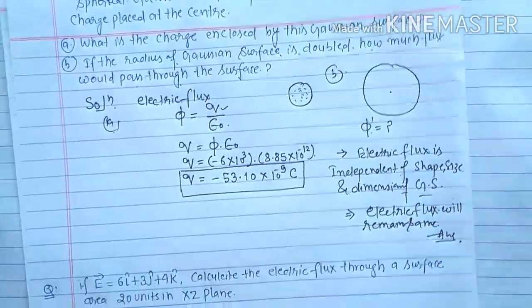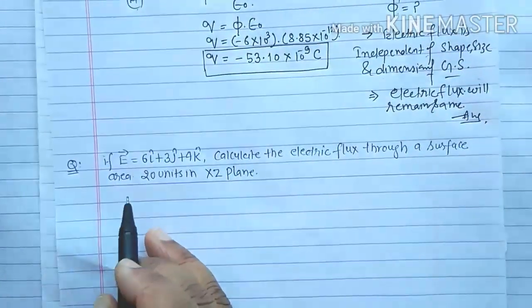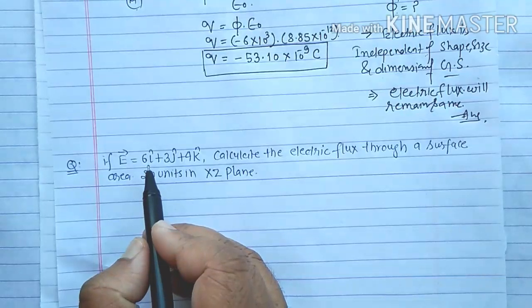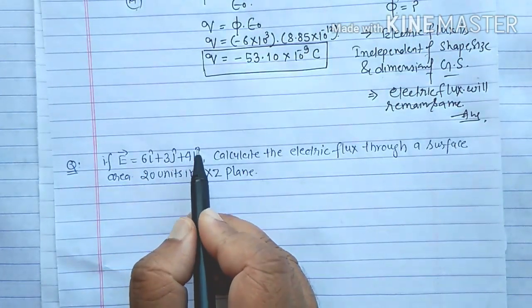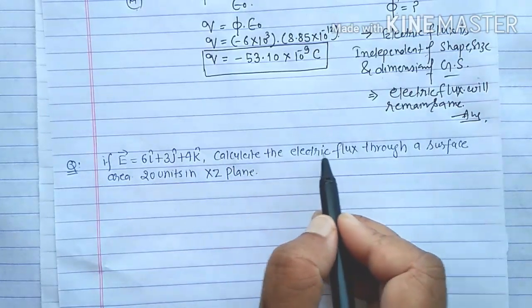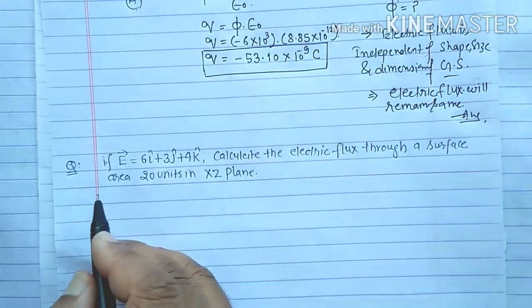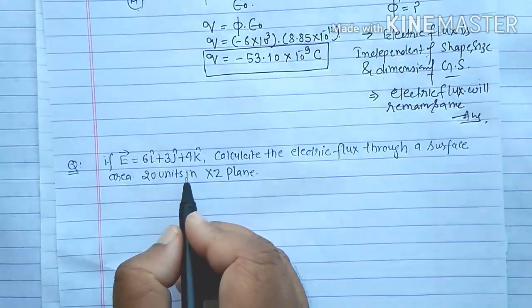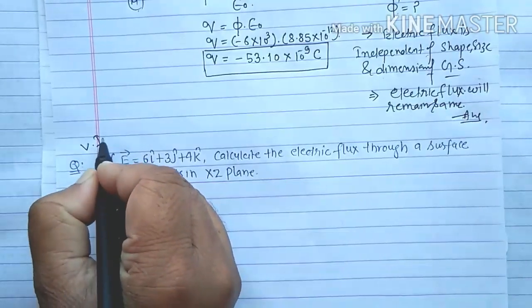Okay, now second question. If electric field is given by 6 i cap plus 3 j cap plus 4 k cap, calculate the electric flux through a surface area 20 units in the XZ plane, which is a very important question.